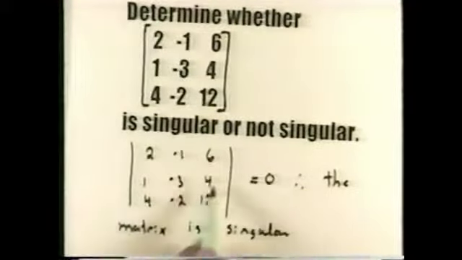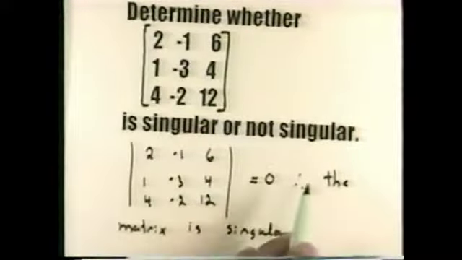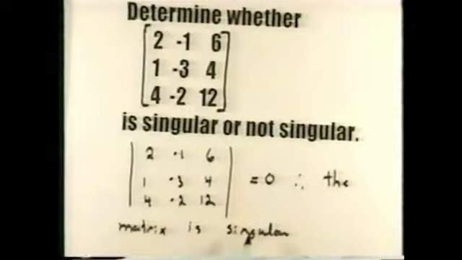Of course, if the determinant is not 0, then the matrix is invertible. So if the determinant is 0, then the matrix is not invertible, which means that it is singular, because we proved it if and only if.